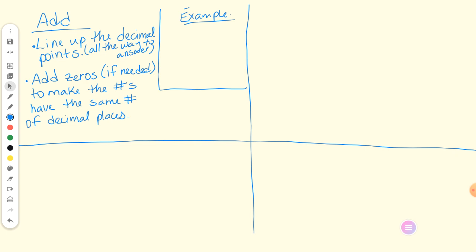Let's do an example, let's write it horizontally. 8.2 plus 7.095. First, is that 0 important? Is that 0 right there important?